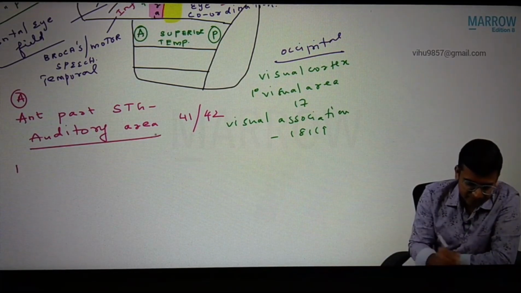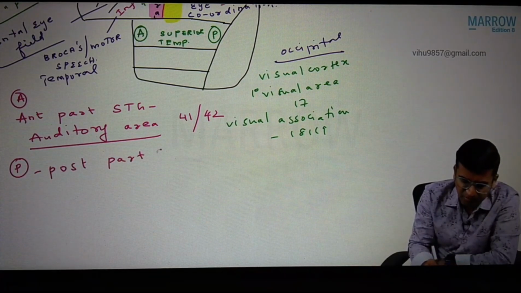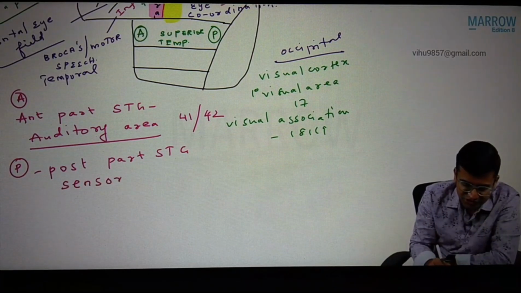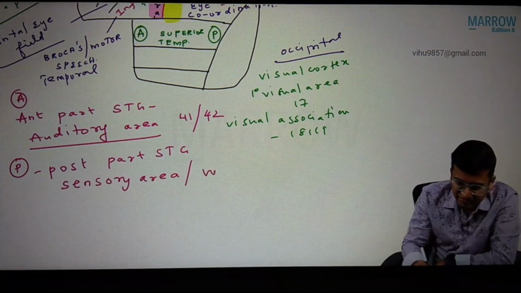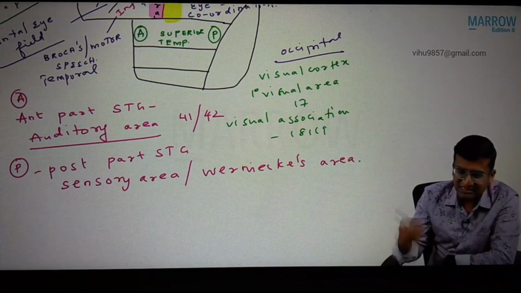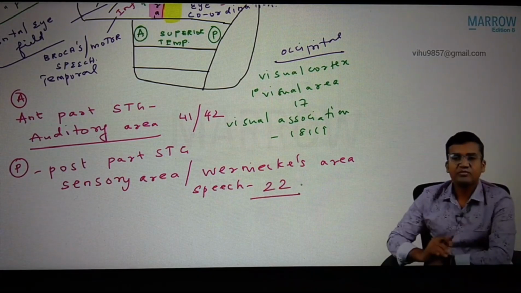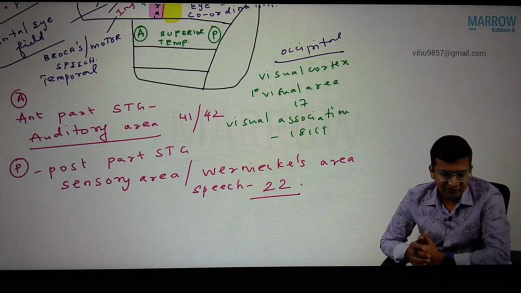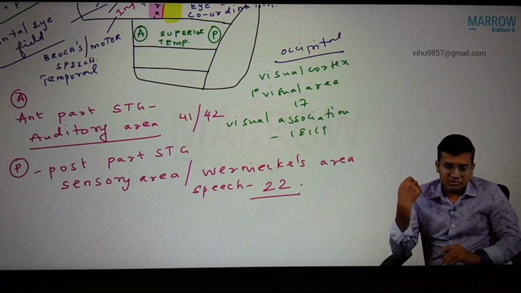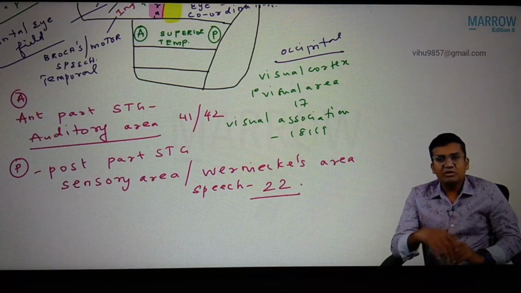P is the posterior part of superior temporal gyrus, and that is the sensory area for speech, Wernicke's area, area number 22. So superior temporal gyrus, anterior part is auditory area, area 41, 42. Posterior part is Wernicke's area, sensory area for speech, area number 22.